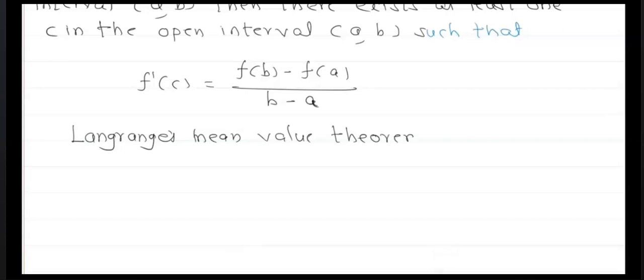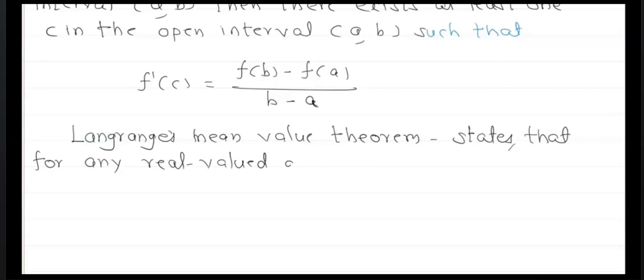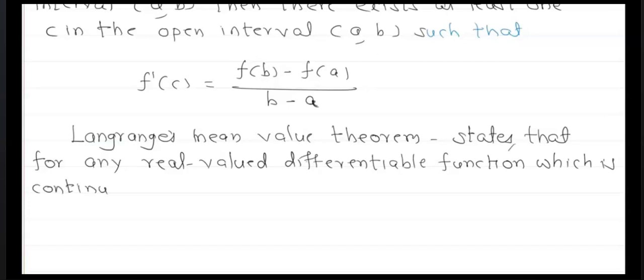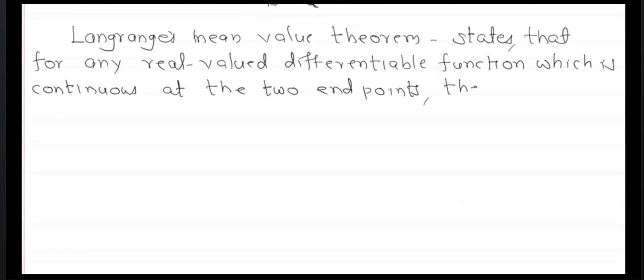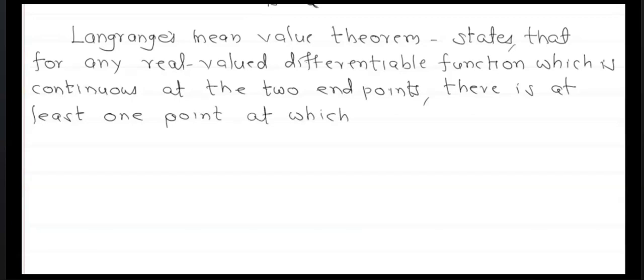Lagrange mean value theorem states that for any real valued differentiable function which is continuous at two end points, there is at least one point where the tangent is parallel to the secant through its end points.